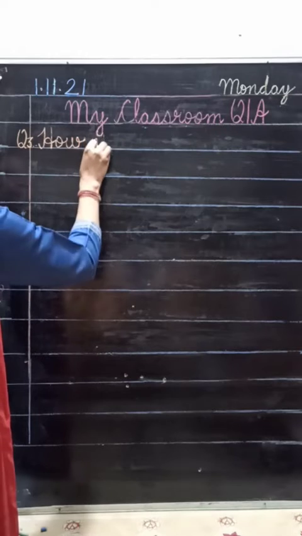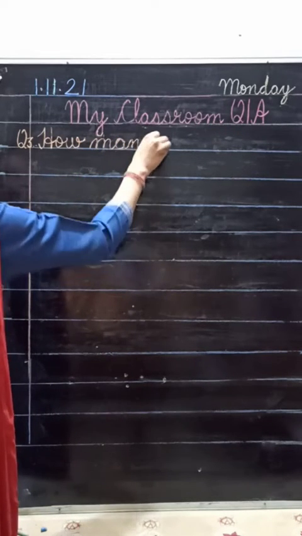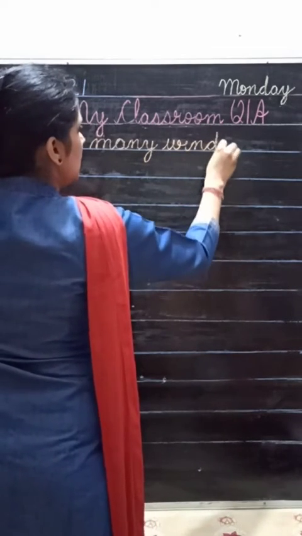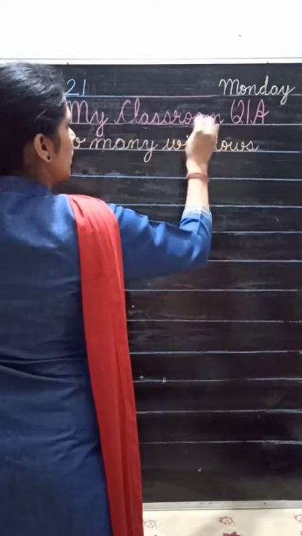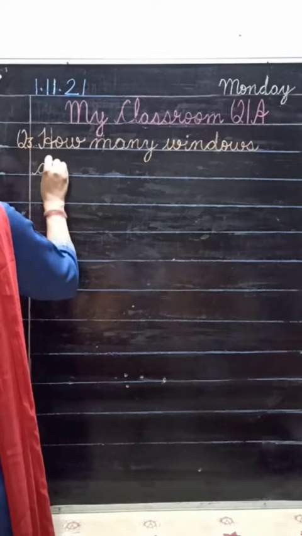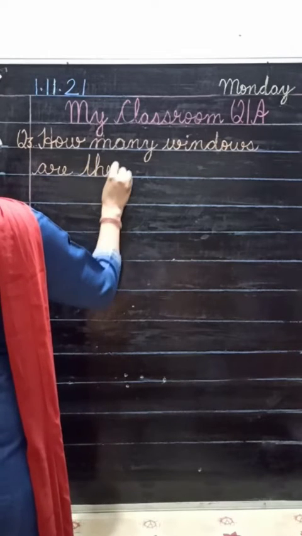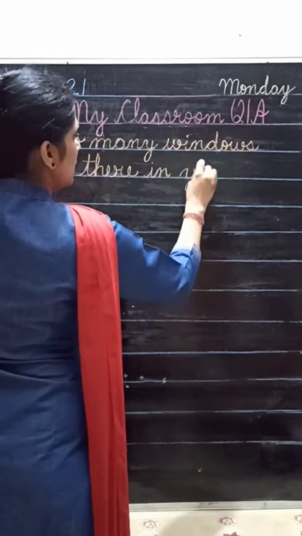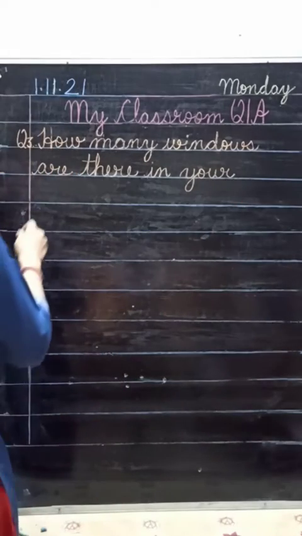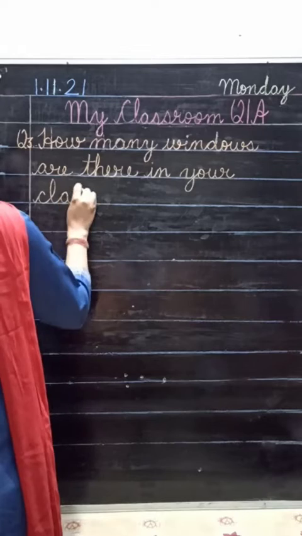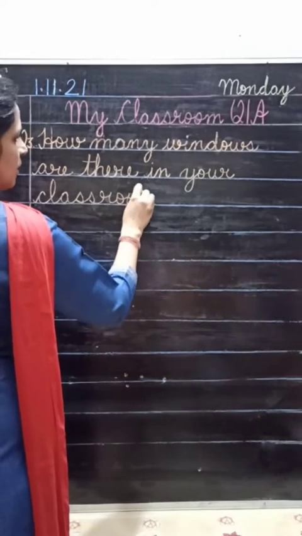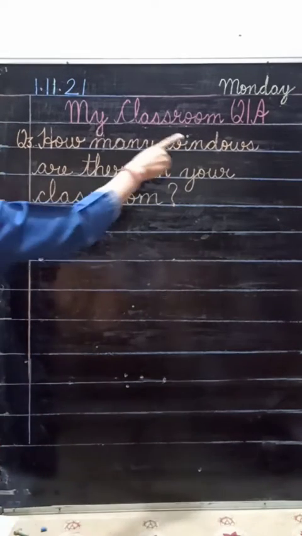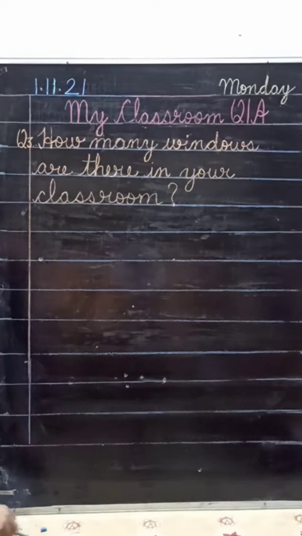H-O-W, how, many, M-A-N-Y, many, windows, W-I-N-D-O-W-S, windows, are, there, T-H-E-R-E, in, I-N, your, Y-O-U-R, classroom, C-L-A-S-S-R-O-O-M, classroom. Put a question mark here. How many windows are there in your classroom?